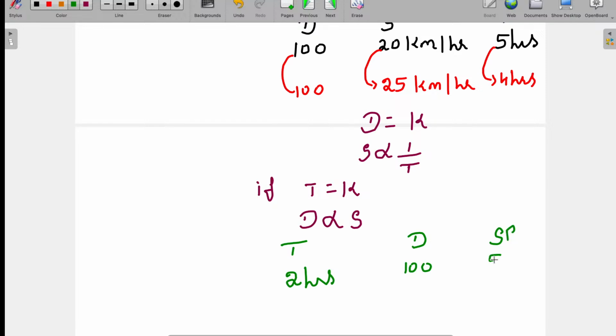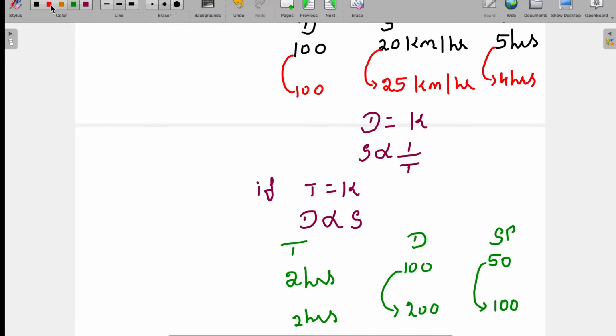Speed will be 50 kilometer per hour. I need to travel in 2 hours only, but if distance is 200 kilometer, the speed is 100 kilometer per hour. If time is constant here and distance increases, speed also increases.